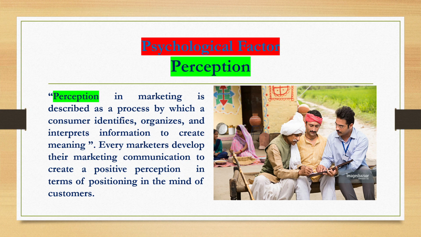Similarly, if I say Patanjali, Swadeshi, the positioning strategy is such that a particular type of thought regarding Swadeshi, or feeling of his own country, develops in the consumer's mind regarding the Patanjali products.